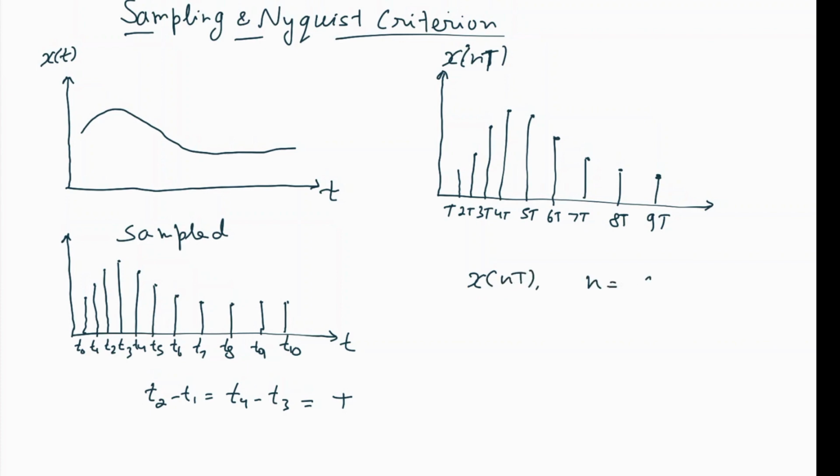So basically we have a continuous time signal, and using the sampler we sample it uniformly and convert it to a discrete time signal. Before going further, let's see why there is a need for sampling, why it is important, at which rate we should sample, or how many samples we should take in a particular signal.